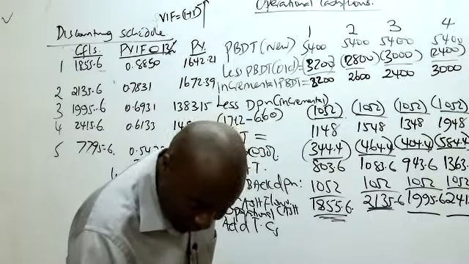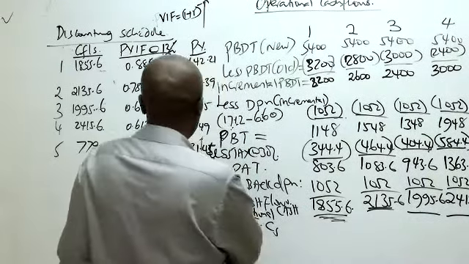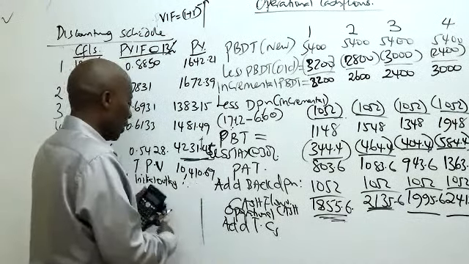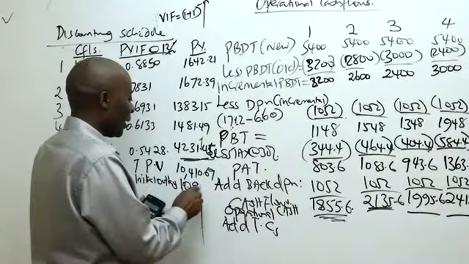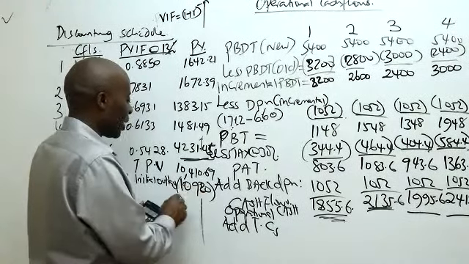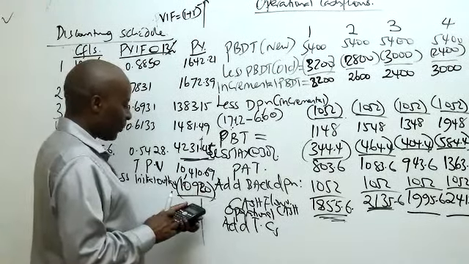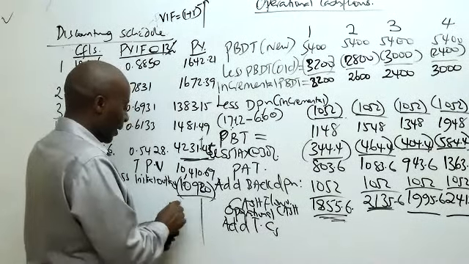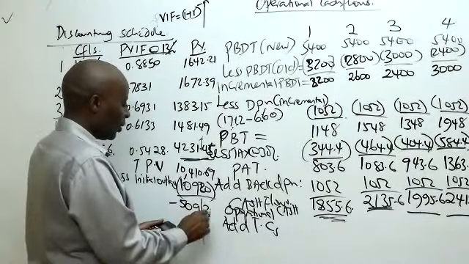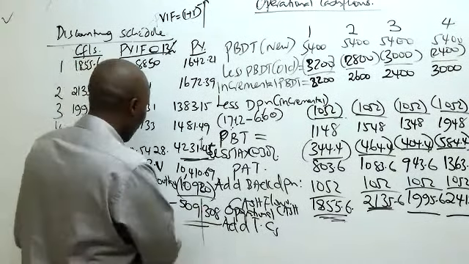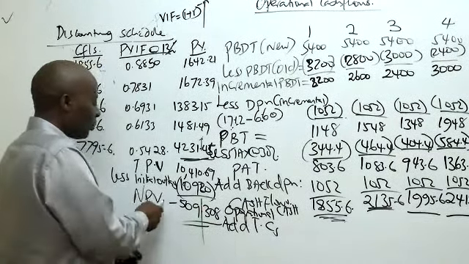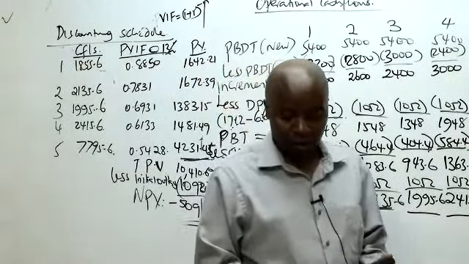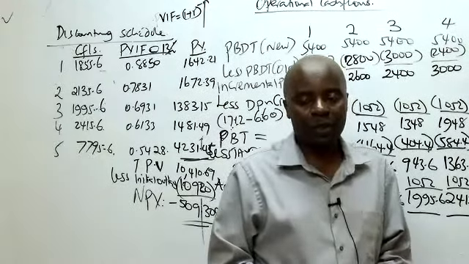It was 10,920. We subtract it, so we have minus 10,920, which gives us minus 509.308 net present value. Meaning that this project is not viable. Don't replace. Do not replace.